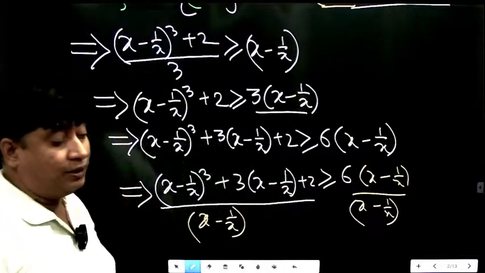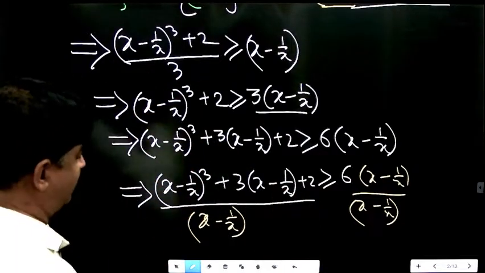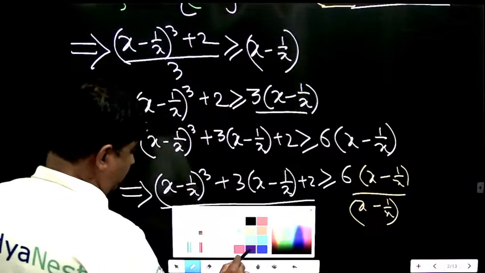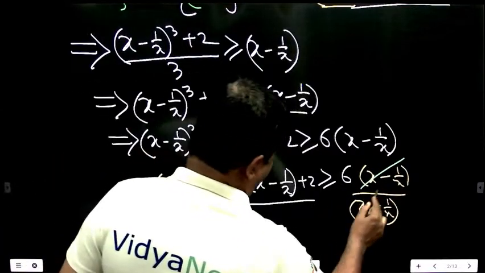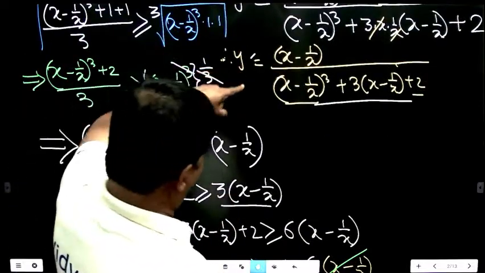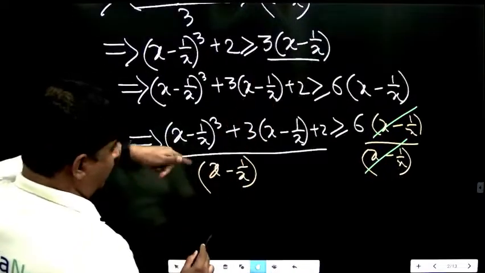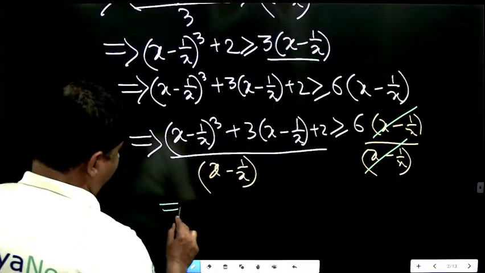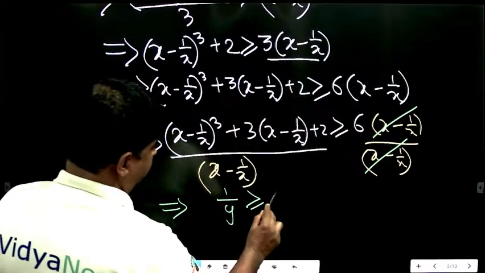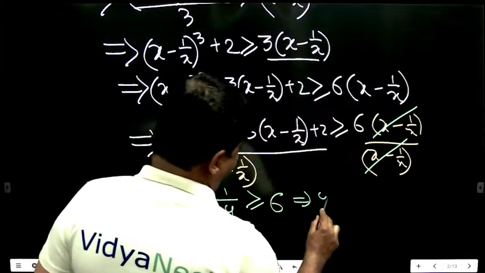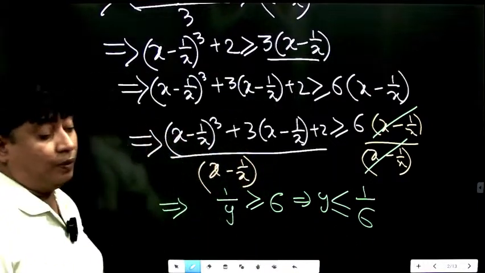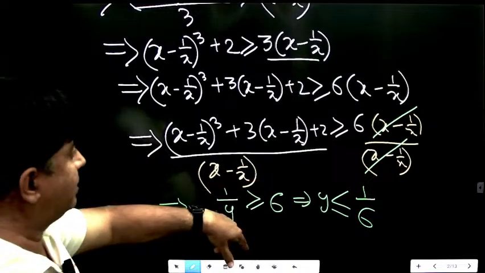And once you do that, the required expression is appearing. Here I can cancel this and this. Now you observe that was y. We have got the reverse of this. So I can write, instead of this, 1 by y. So reverse it. So y is less than or equal to 1 by 6.